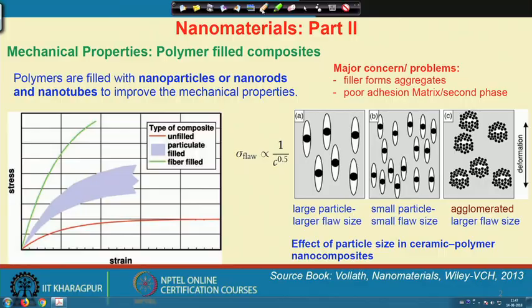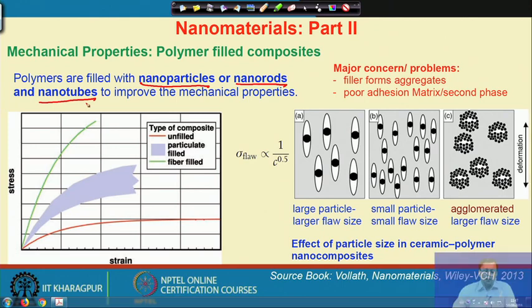Like we can use nanoparticle, nanorod and nanotube. You already know what is the meaning of a nanoparticle or rod shape or tube shape, and we expect that by incorporating these types of second phases, we can improve their mechanical properties.